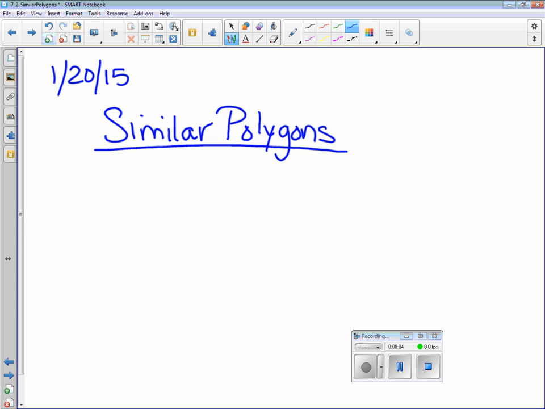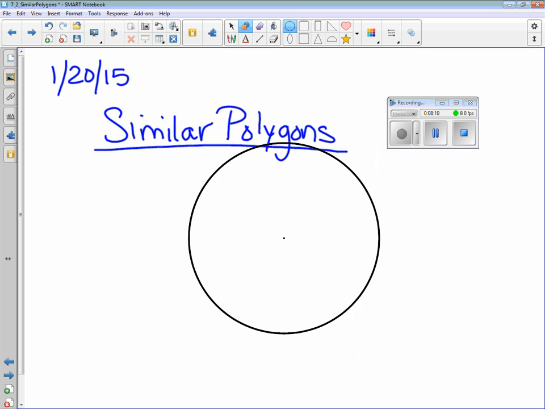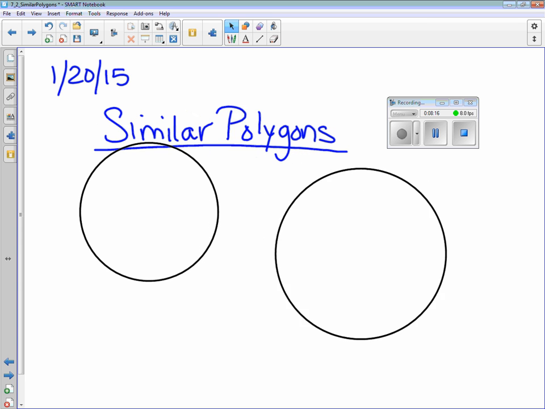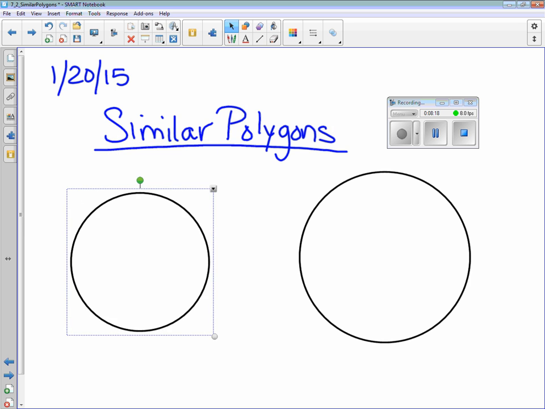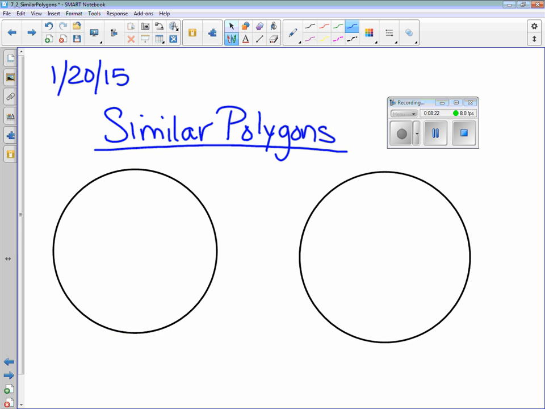Maybe we should do this. Let's draw a little diagram. I don't know if they should overlap or not. And let's figure out what we know about similar, what we know about congruent.